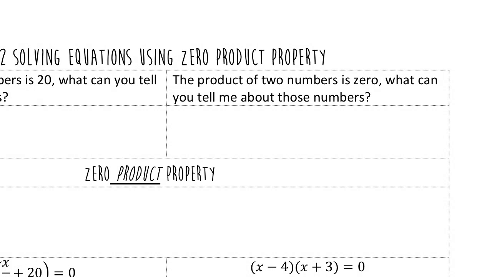Okay. So if I'm multiplying two numbers, let's say a times b equals 0, then there is something that I should be able to say about these numbers, or at least one of these numbers. When I'm thinking about multiplying, if I take a number and multiply it by a fraction that's less than 1, then I know the number gets smaller.